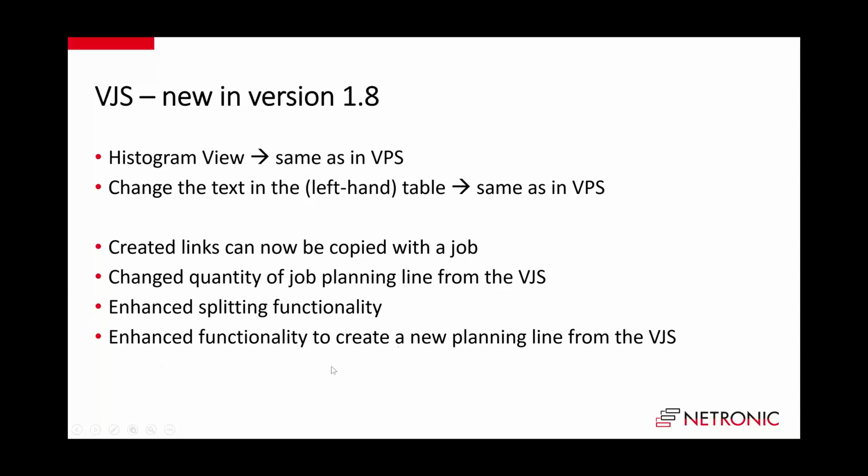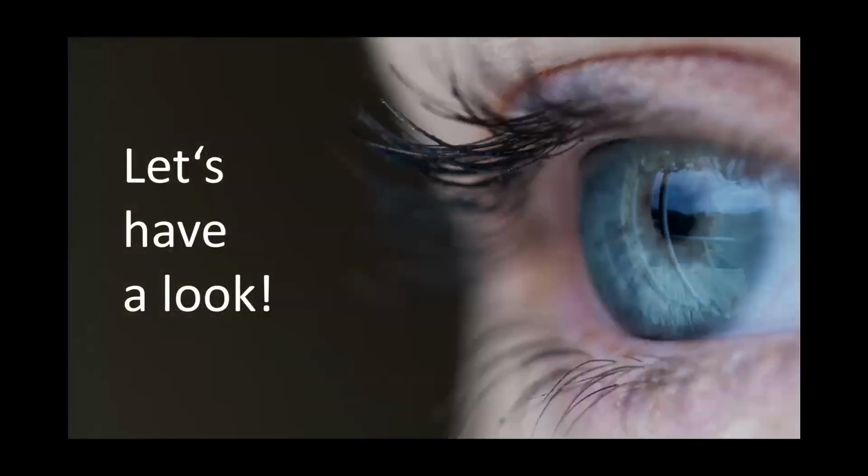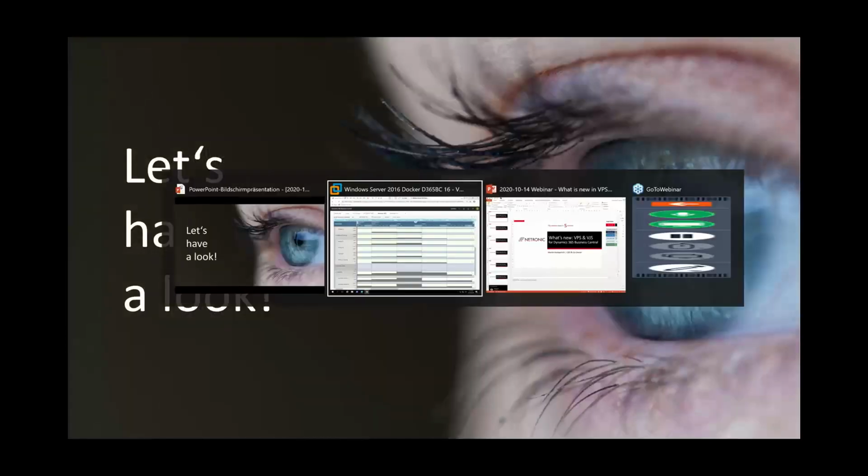So overall, the theme of this release was, first, use what has been built for the VPS, and second, facilitate working with job templates, and this is something that I would like to look at with you again now.